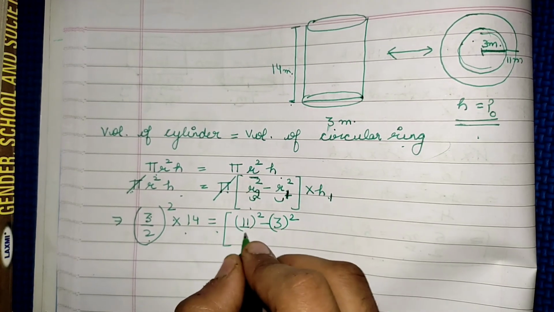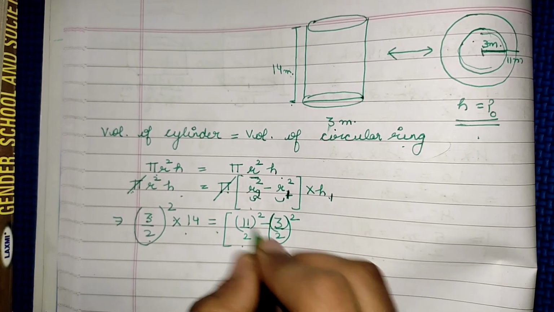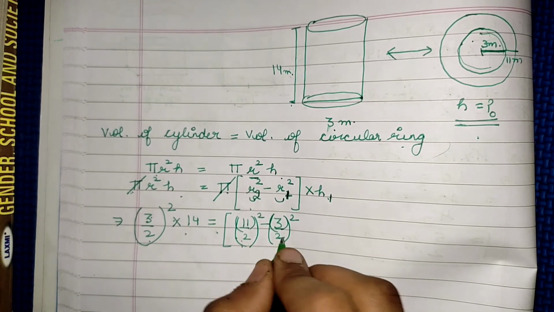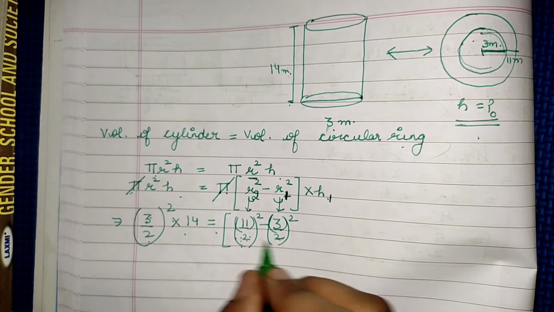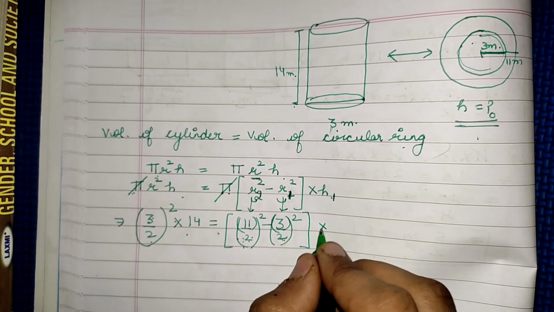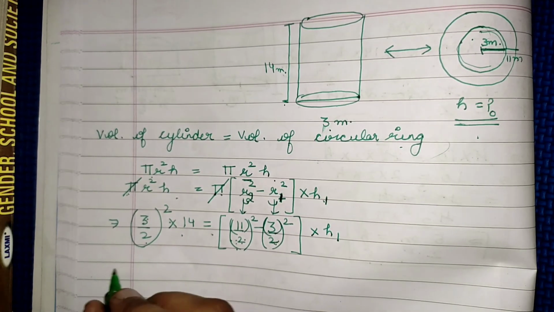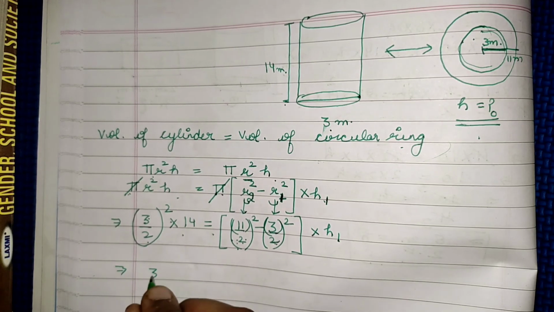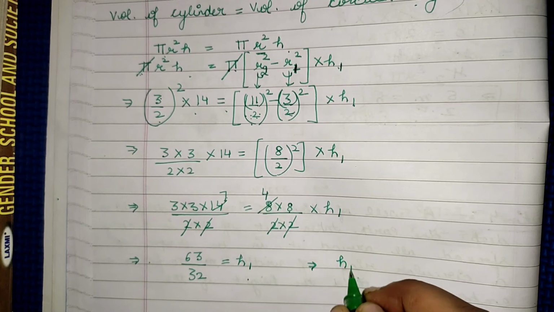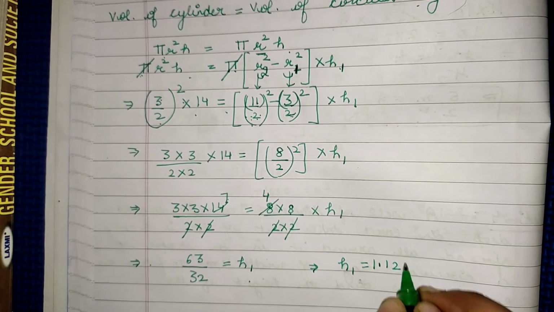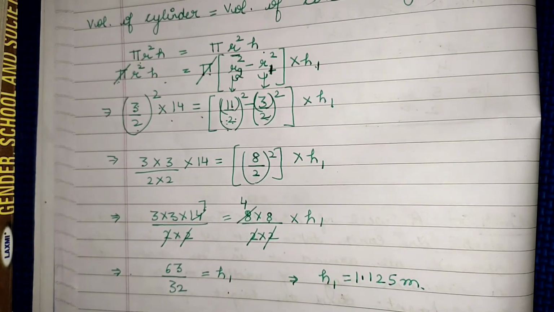R1 is my 3 by 2 whole square, because both are the diameter. So to find out the radius, what we will do? We will divide the values by 2 into h1. So once you are going to solve all of this value, you will get your final answer as that h1 is equal to 1.125 meter.